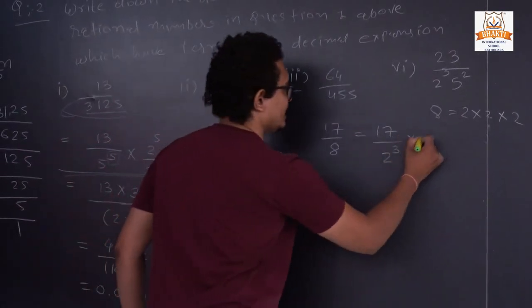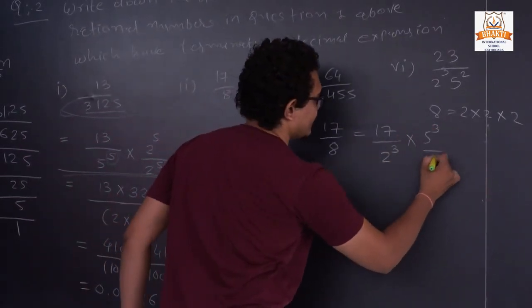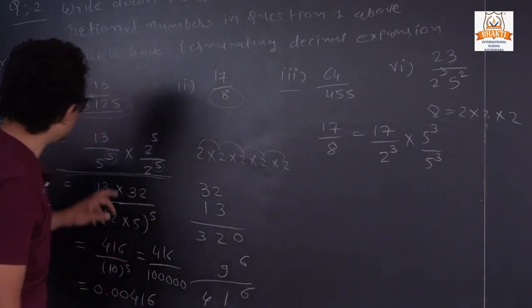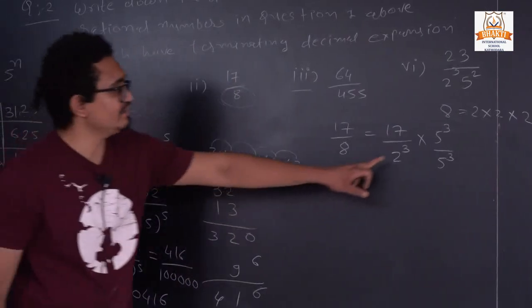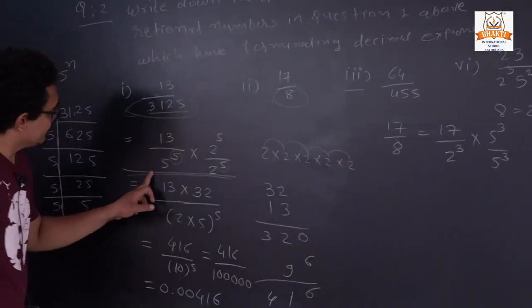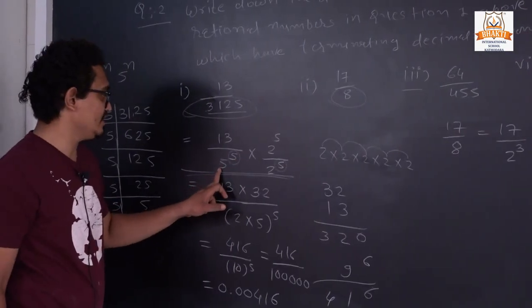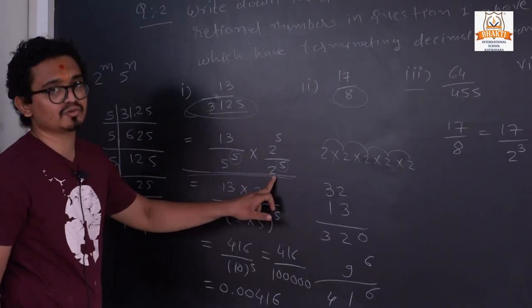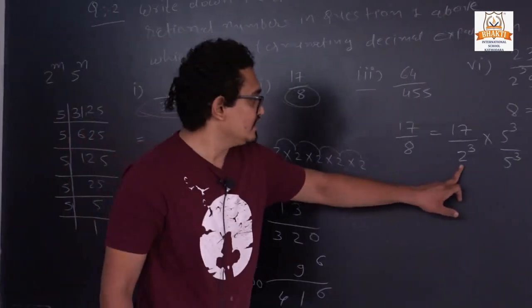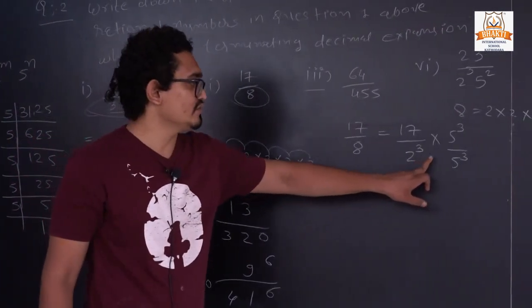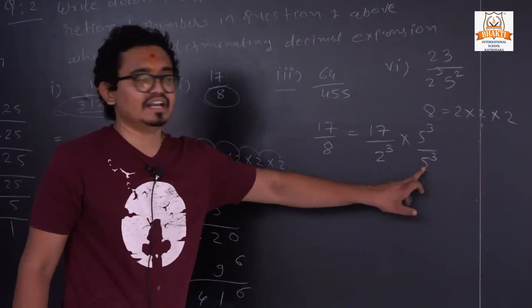Now once again we multiply and divide. If we already have a 5 in the denominator, we multiply with 2, and if we have a 2 in the denominator, we multiply with 5.